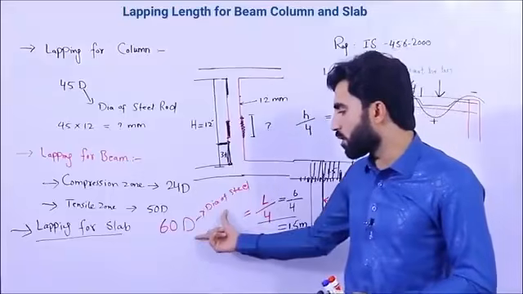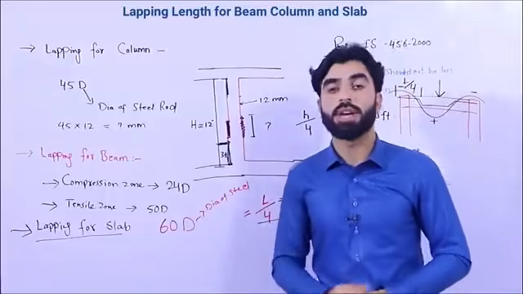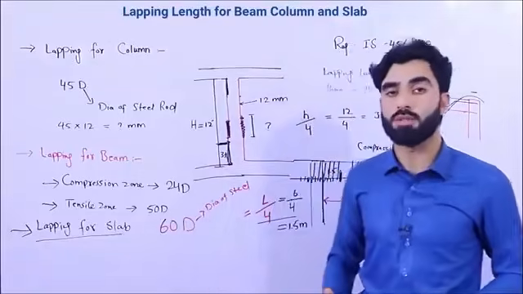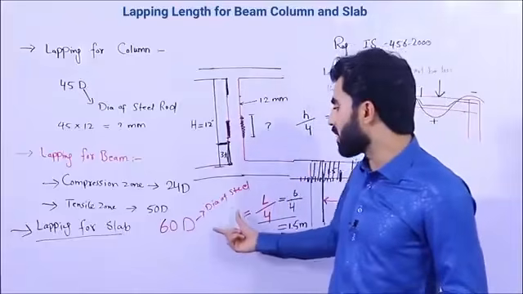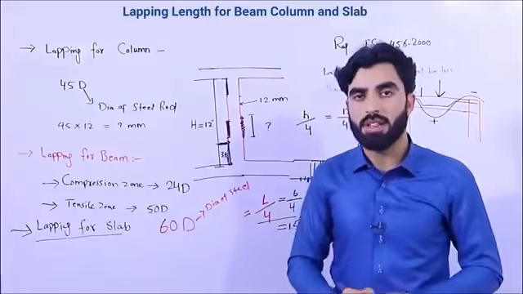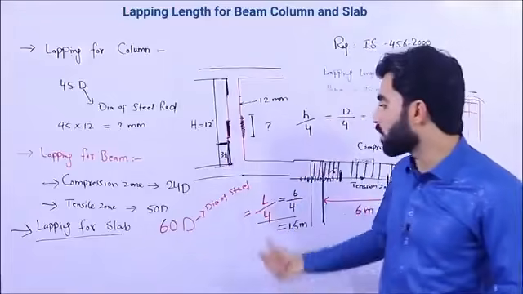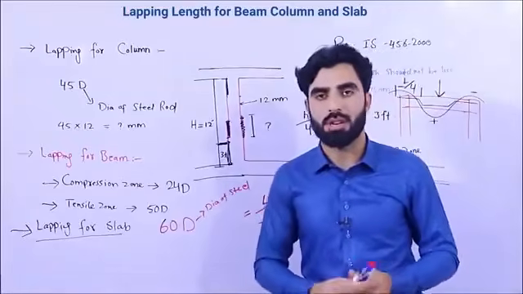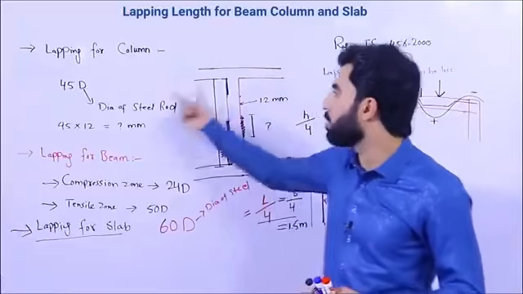So this is very important for you. We should not provide it at the mid, or at the end of the support. For that we will solve the equation, especially for the slab. Then you will find the point at which you can keep the lapping length for the slab.